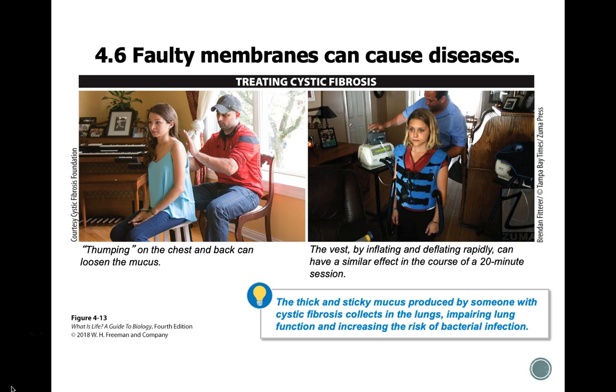One is sort of a mechanical thumping on the chest and back to loosen this mucus. And then they also have these vests that deflate and inflate rapidly that help to relieve this mucus accumulation. So this is a major disease that is all related back to faulty membranes.